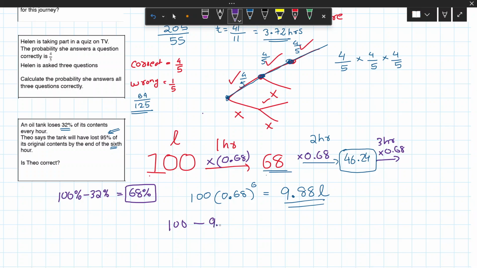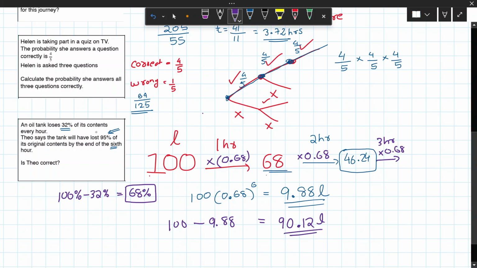So how many liters have I lost? 100 take away 9.88 would be 90.12. So I have lost 90.12 liters.